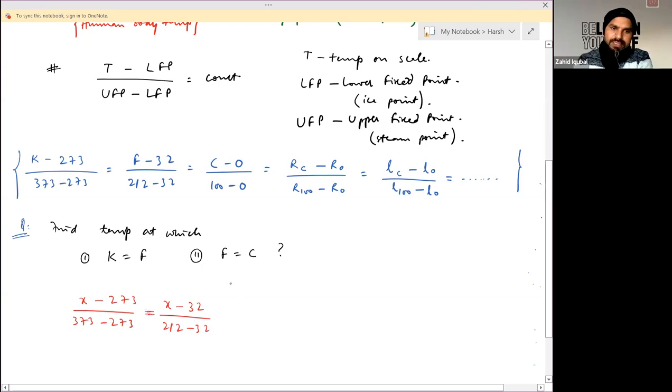Just simplify this and you'll get the value of x. Similarly, for Fahrenheit equal to Celsius, put each term as y and simplify the above expression. Try to solve.